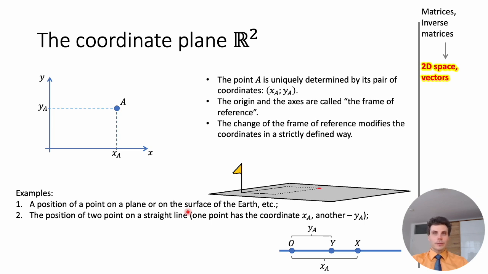Regardless, if you have two independent coordinates, you can use this two-dimensional notation to locate the points. You can also use this two-dimensional notation if you are considering 2 points on the same line, where one point is x, another point is y.